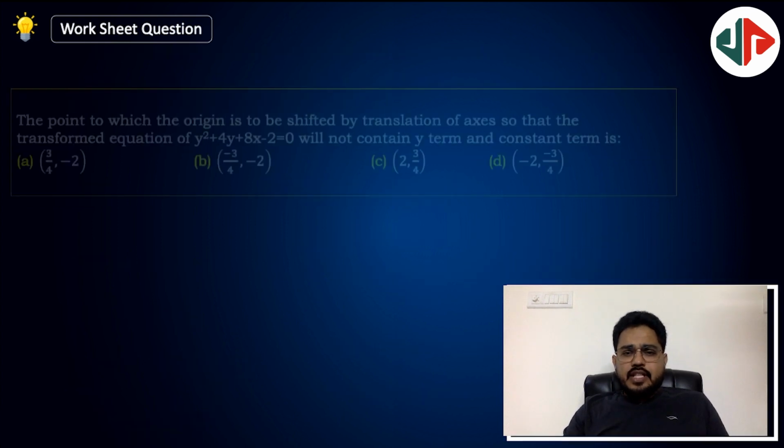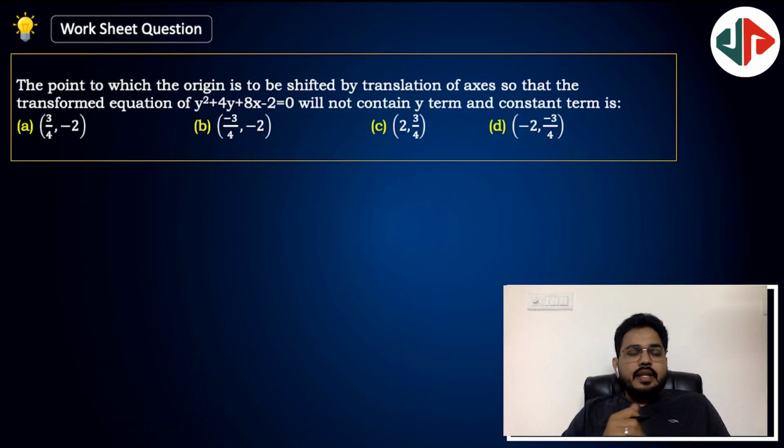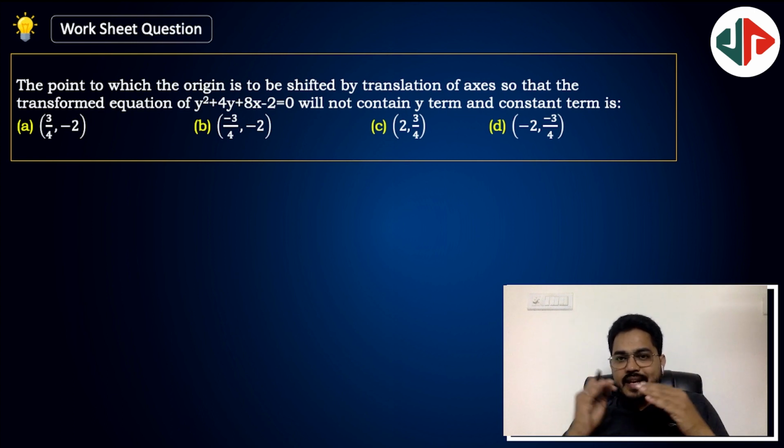Moving to the next question. The point to which the origin is to be shifted by translation of axis. Translation of the axis means shifting the origin so that the transformed equation y square plus 4y plus 8x minus 2 will not contain the y term and the constant term.